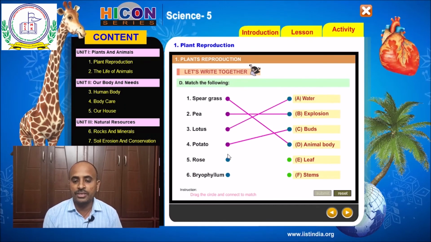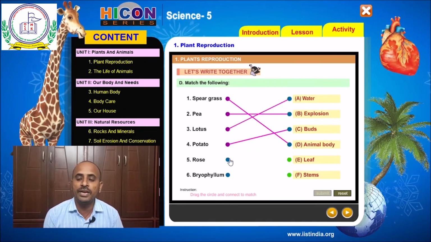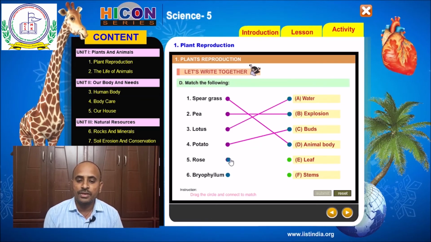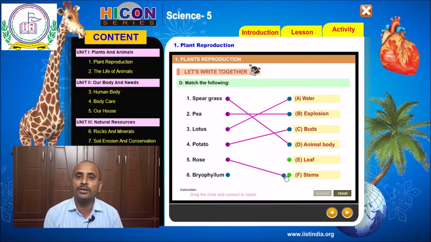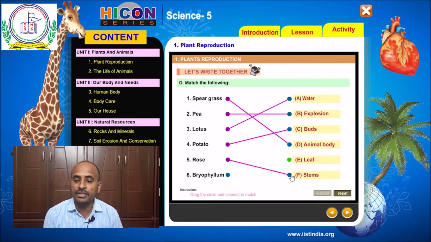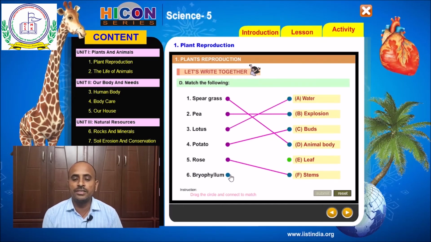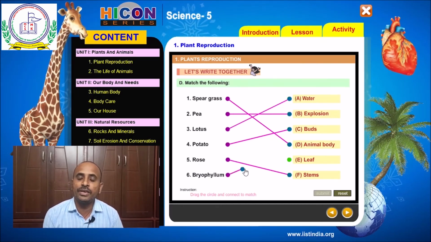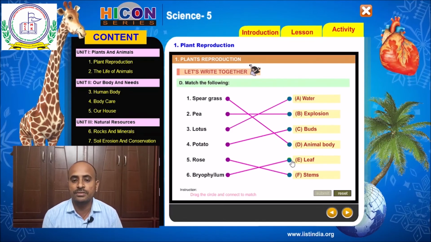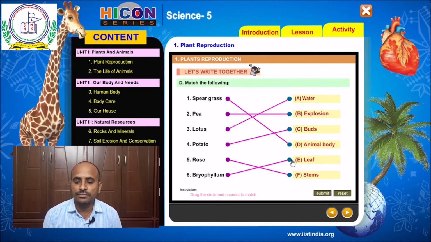So match rose with stems. Next, the last one is Bryophylum. Bryophylum reproduces its new plants from its leaf. So match Bryophylum with leaf. Children, this is the matching, and this is how to match the given words. So note down this matching in your notebook.